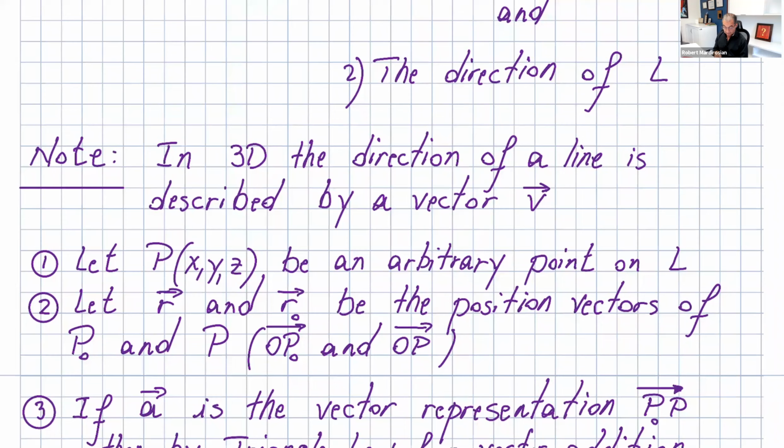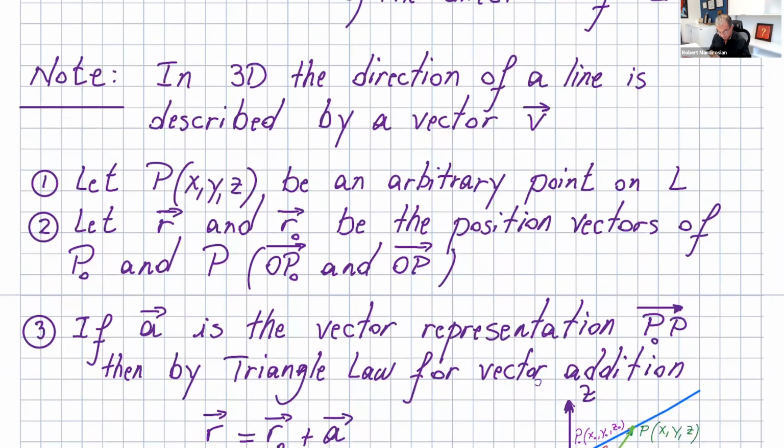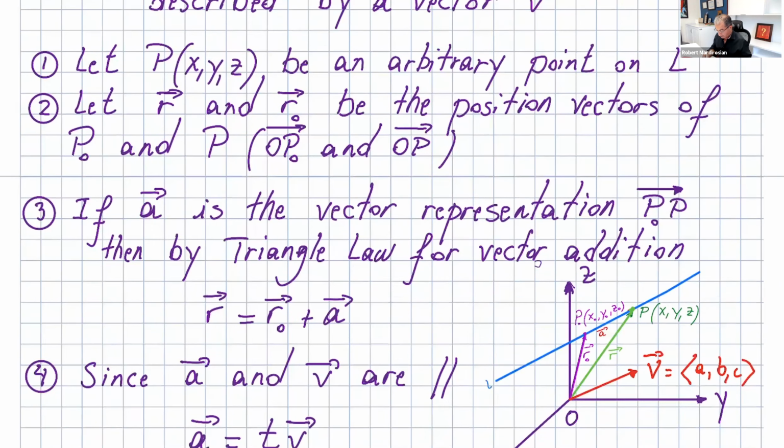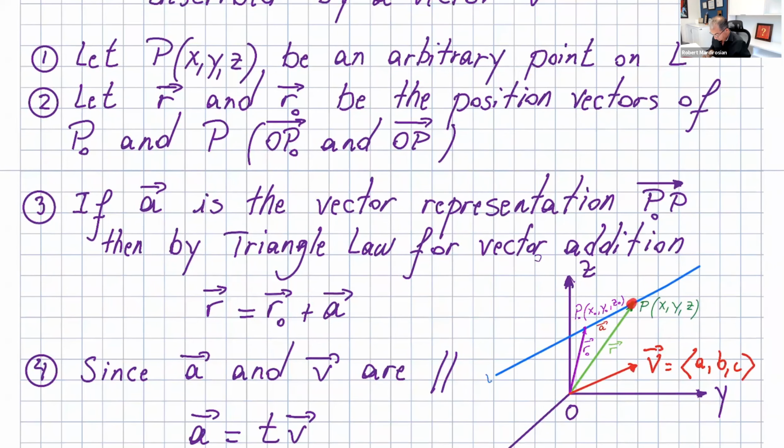Number one, let a point x, y, z, which we don't know, so that's why we call it an arbitrary point on L, be the point P. I just put x, y, z. Then we have r and r naught.